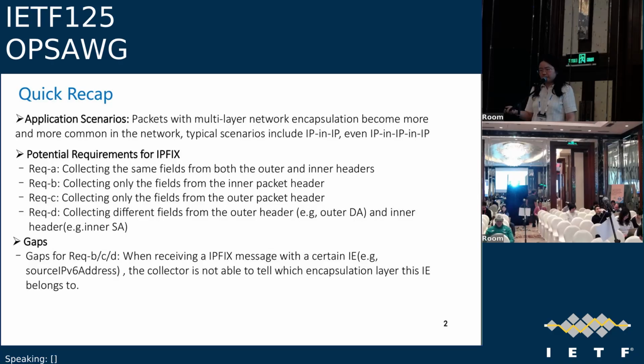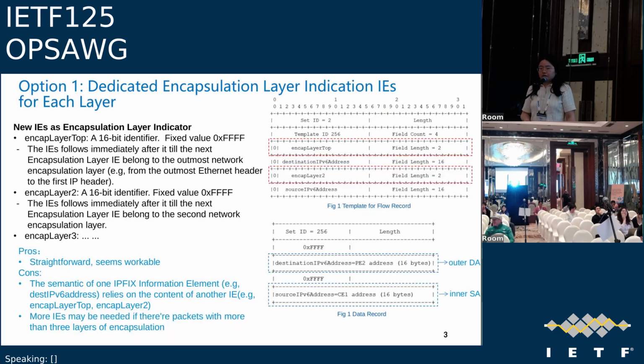So the gap is that currently, when receiving an IPFIX message with a certain information element, for example a source IPv6 address, the collector is not able to tell which encapsulation layer this IE belongs to. There's no layer information. Solution option one was presented at the last IETF. You can define new information elements for each layer, just for the encapsulation layer indication.